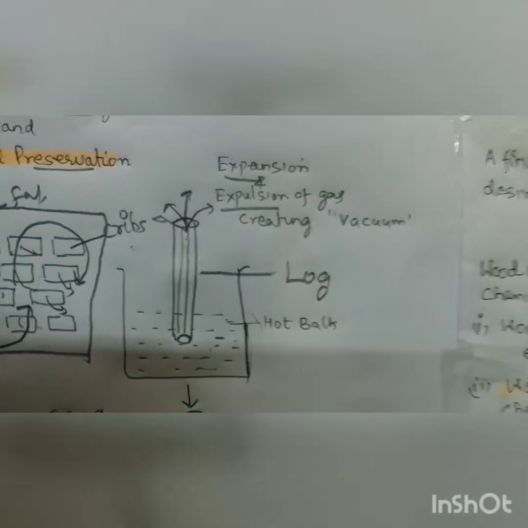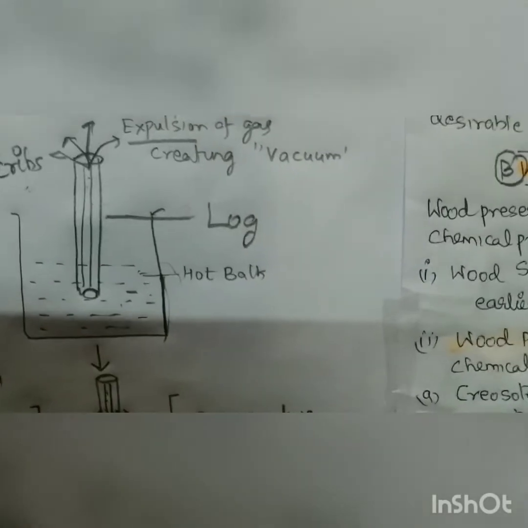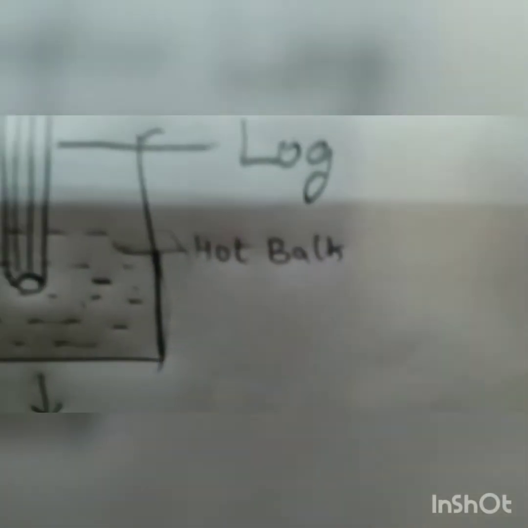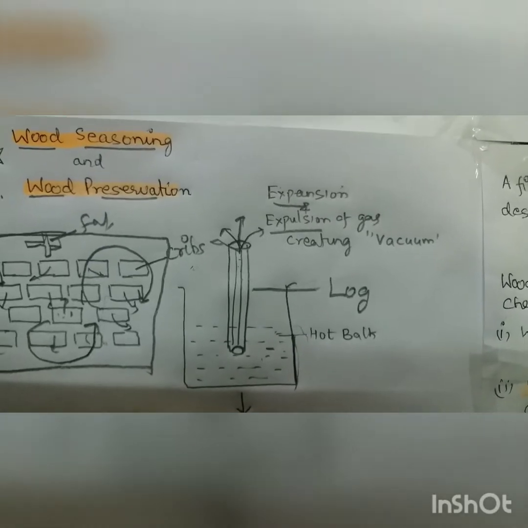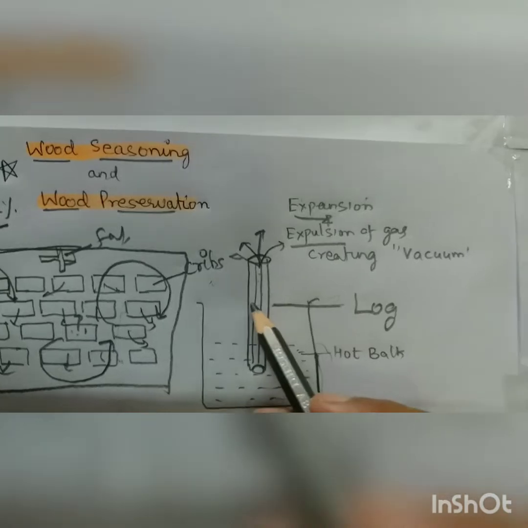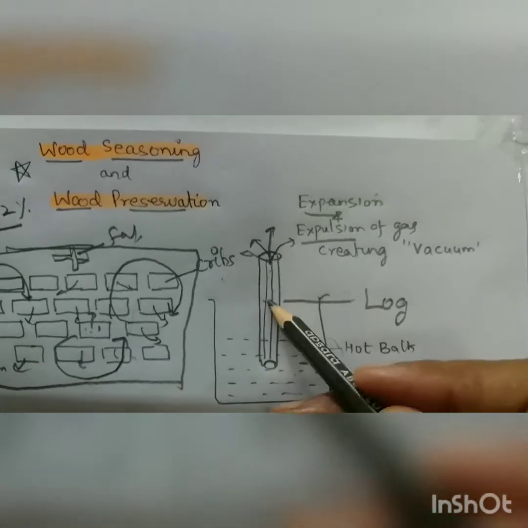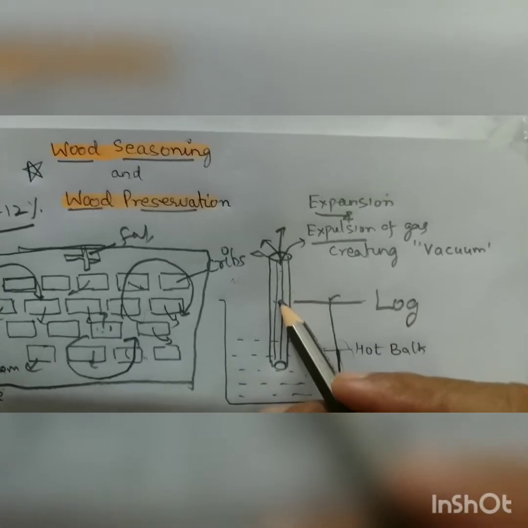It is the same as when your mother makes dal: the first whistle will come and it will remove the heavy air. So the heavy air is removed and a vacuum is created, like in the case of a pressure cooker.